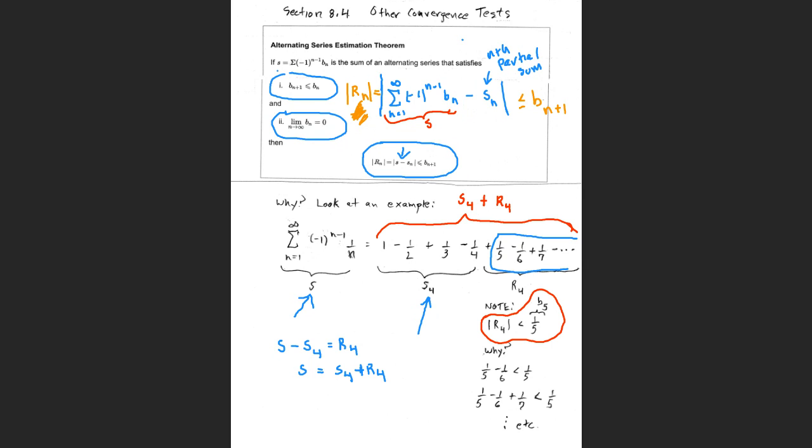And a 5th minus a 6th plus a 7th would also have to be less than a 5th, because a 7th doesn't make up for the difference. Does this give you an intuitive feel of why the alternating series estimation theorem is true? That's what I'm hoping it'll do.